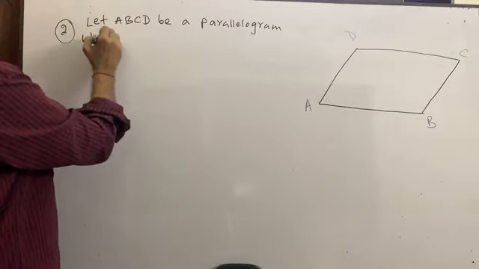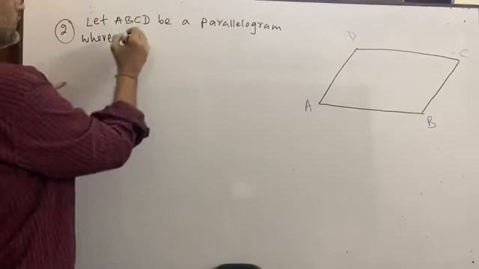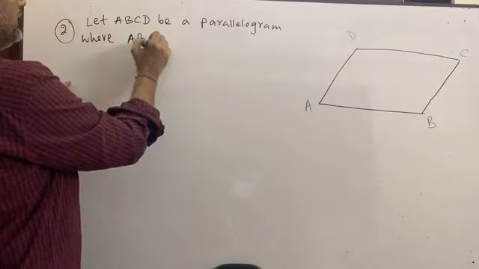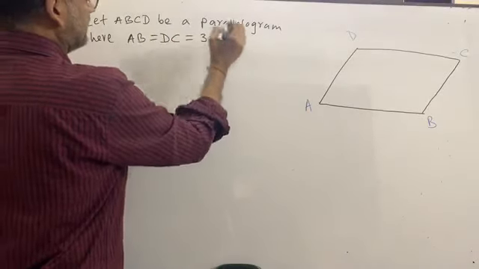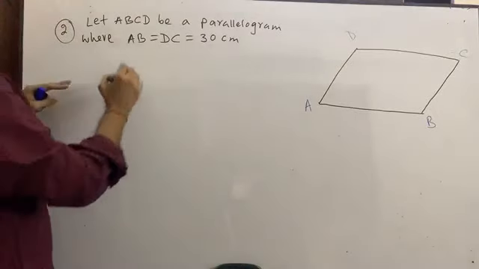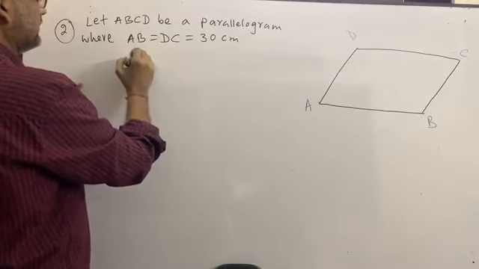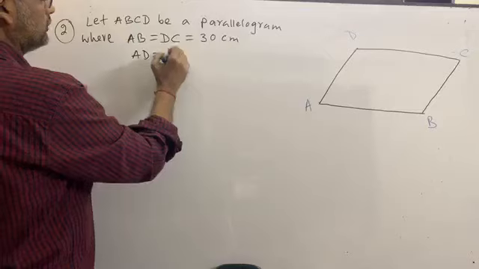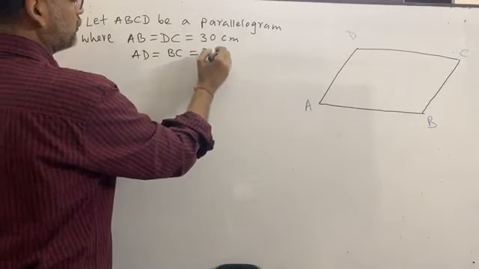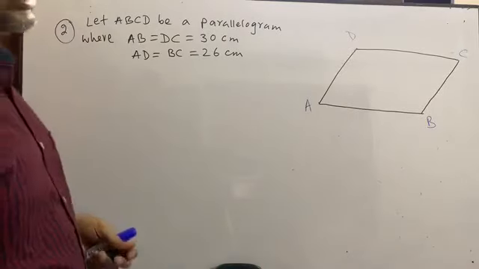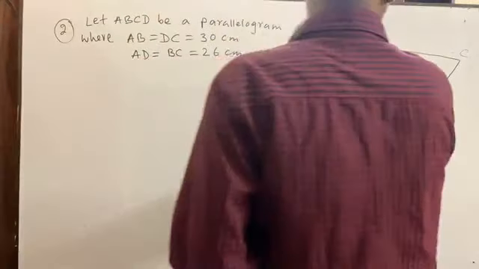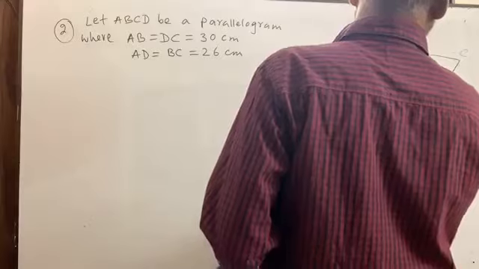where AB equals to DC equals to 30 centimeter, AD equals to BC equals to 26 centimeter, and the smaller diagonal is given. This is the smaller diagonal.